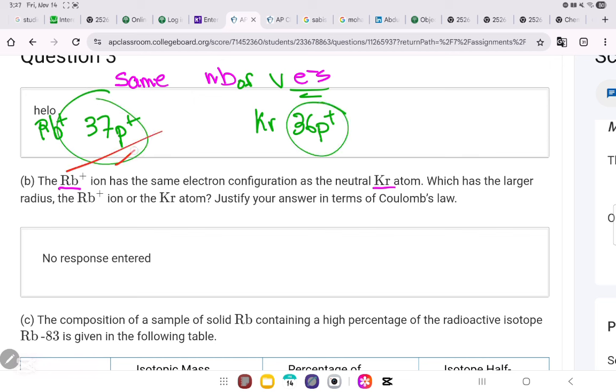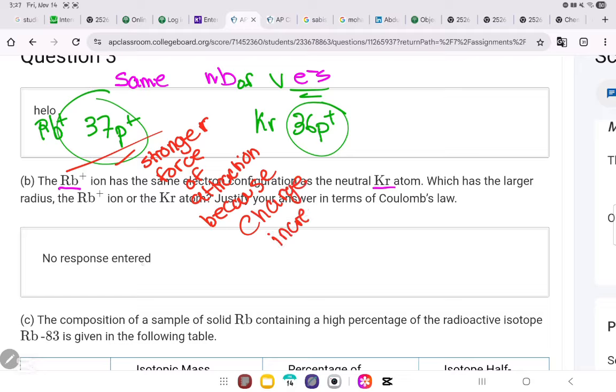For sure, this is gonna be a stronger force of attraction because the quantity of charge increases. So we say that Rb plus will have a stronger force of attraction because the quantity of charge increases.